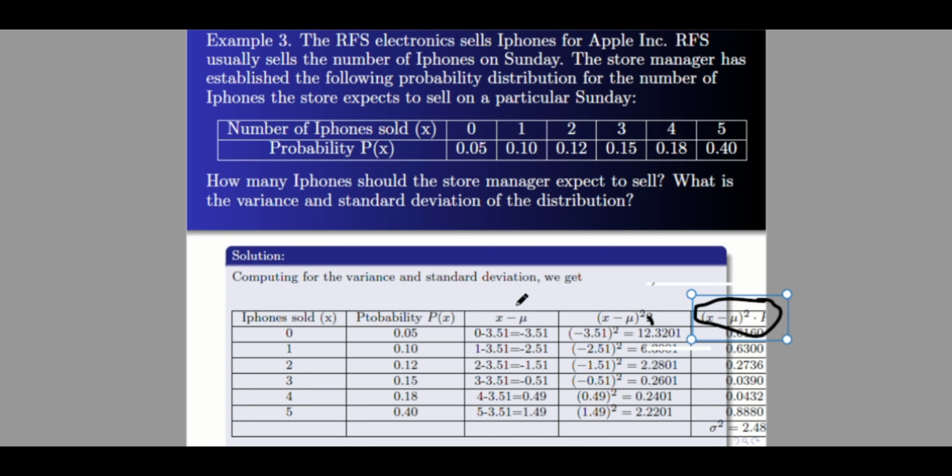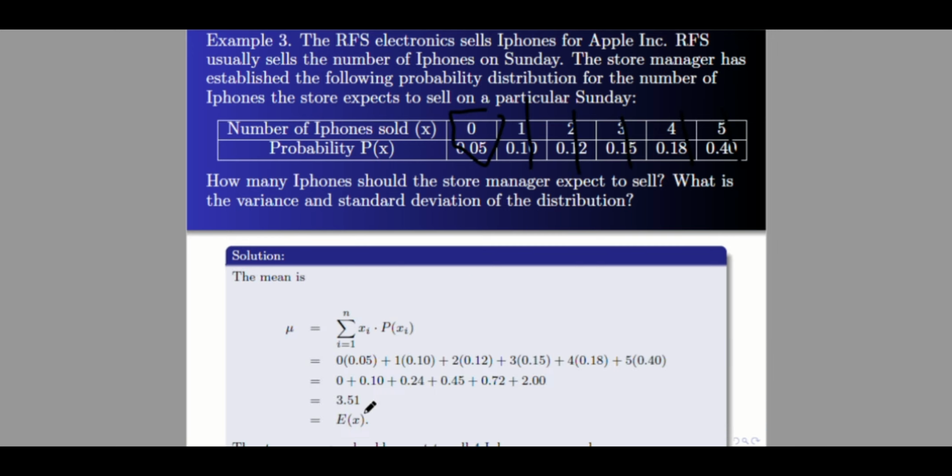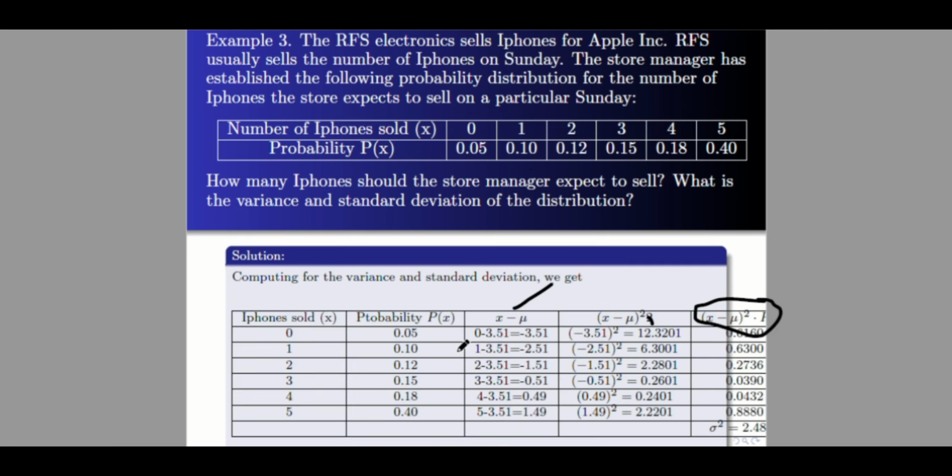So x minus mu, we have this. Take note, our mu is 3.51. It's here, 3.51. And our x's are this. So 0 minus 3.51, 1 minus 3.51, and so on. So we have these values. After getting these values, you square each of these. Take note, this is always positive.